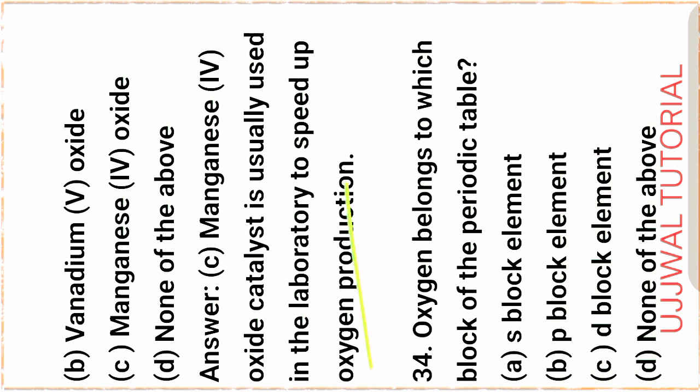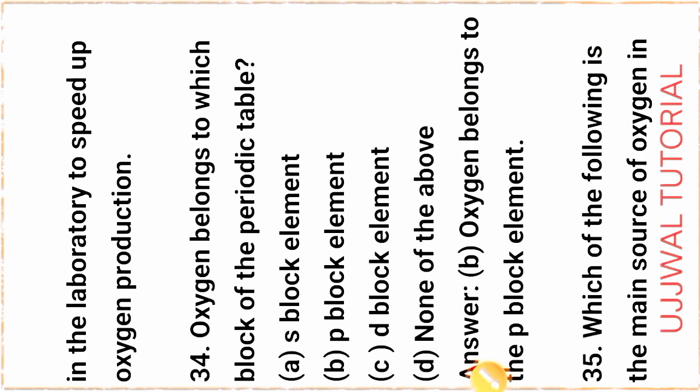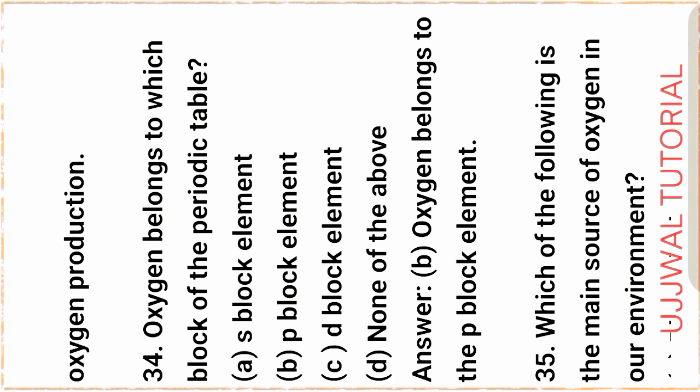Next question, number 34. Oxygen belongs to which block of the periodic table? Option B, p-block element, also called the chalcogen family or oxygen family. Oxygen belongs to the p-block.